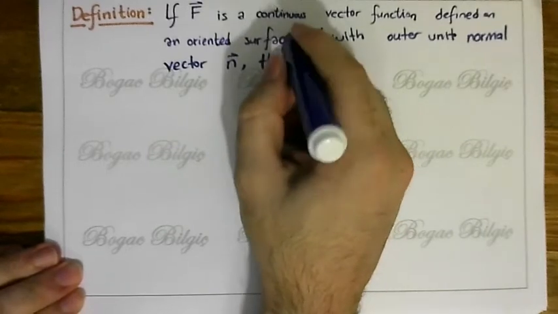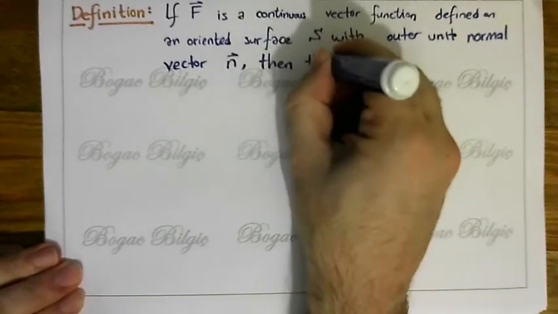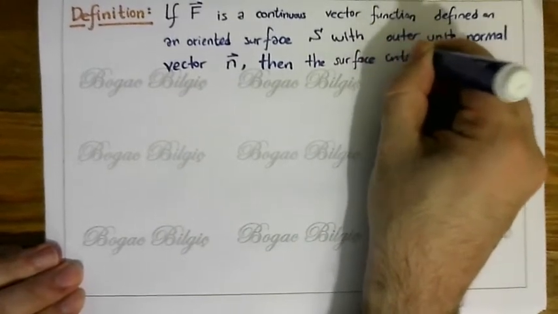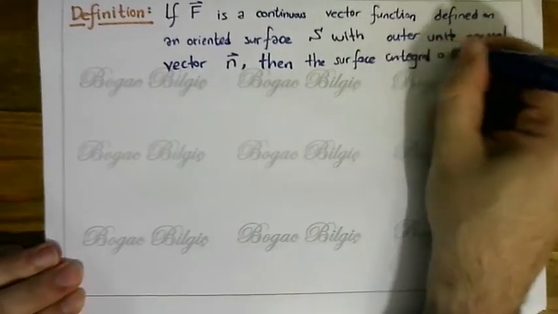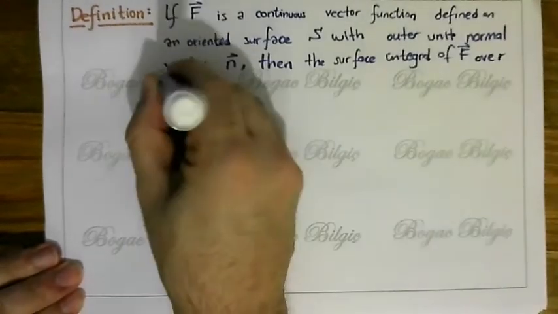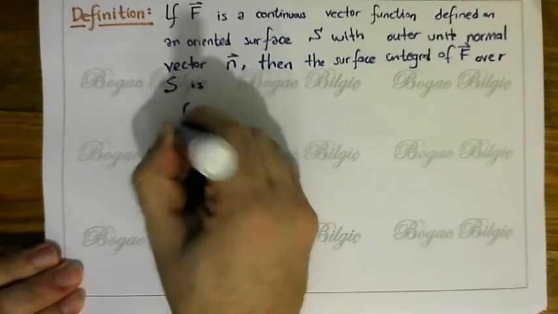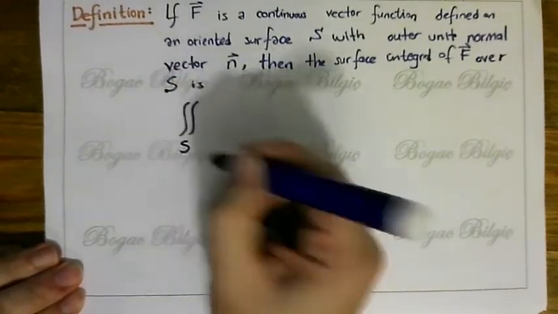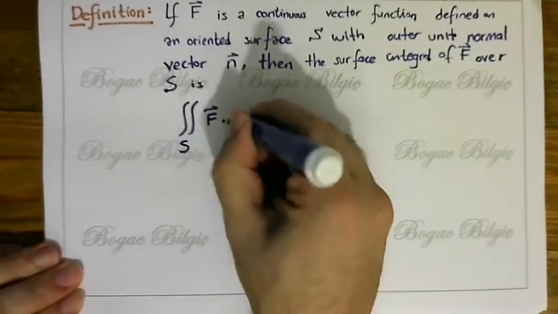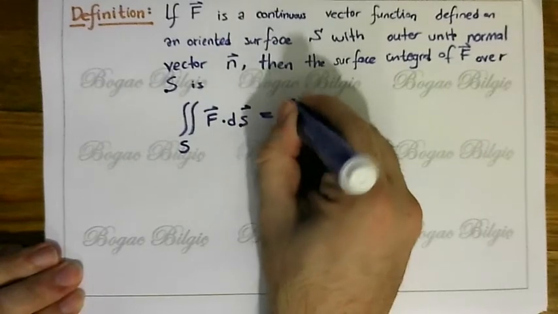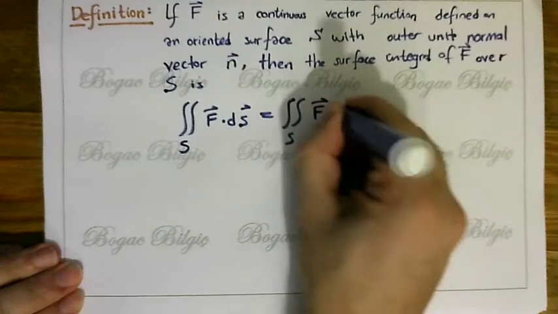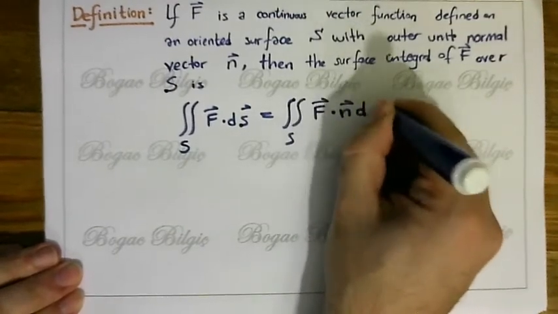then the surface integral of F over S, surface integral over S of F dS, is equal to the surface integral over S of F dot n dS.